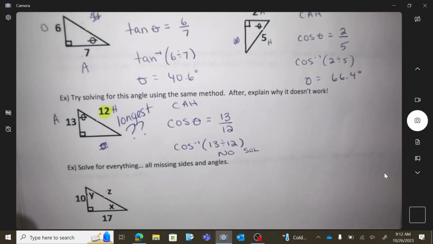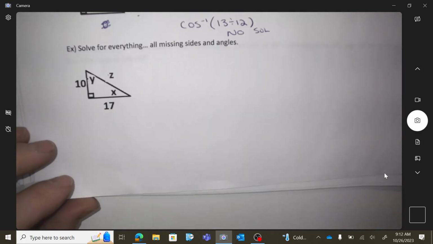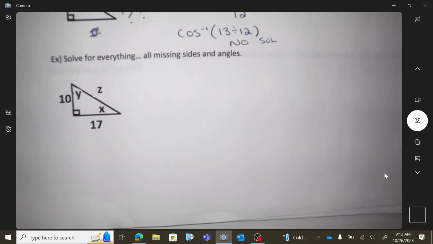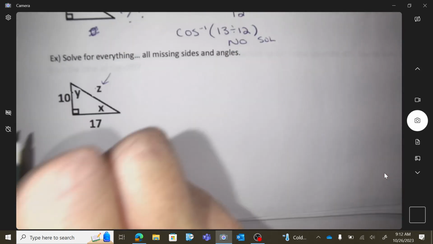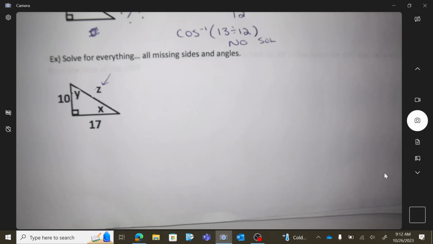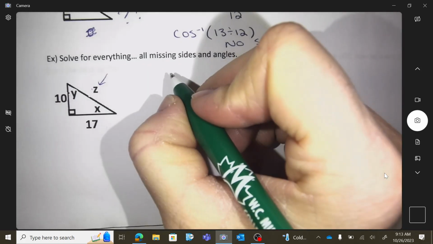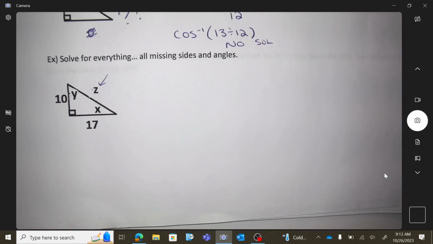Okay, this triangle says solve for everything. So there's two angles I need to find, and there's a side I need to find. Okay, let's go to Z. How would I find Z? And now we have a bunch of strategies. The theorem. So should I do a squared plus b squared or the subtraction one?